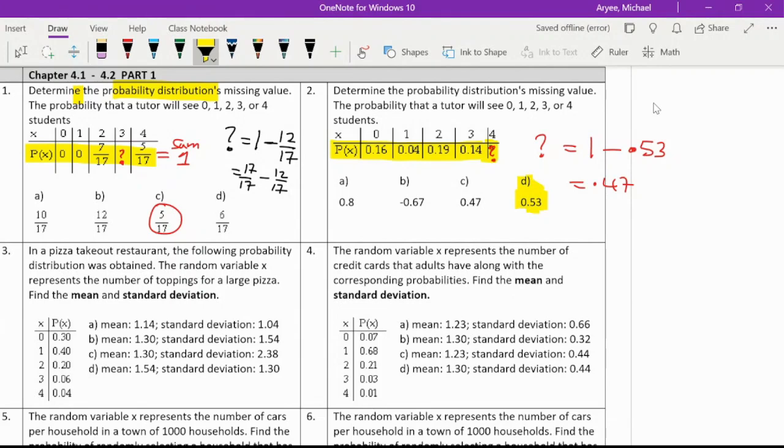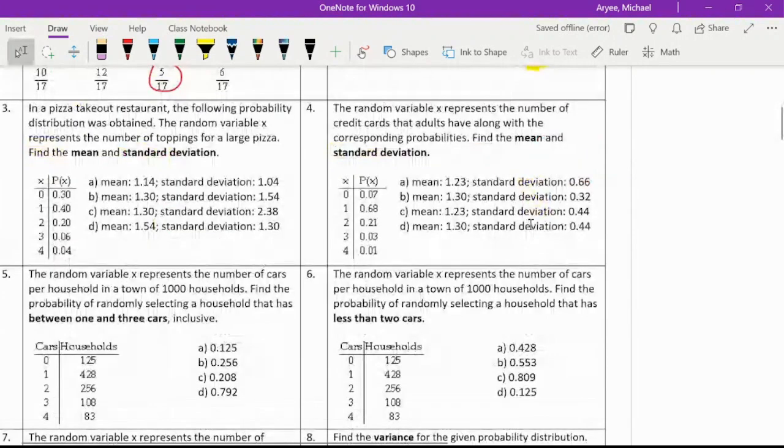Now, other portions of your online assignment might give you a probability distribution. Remember, with a probability distribution, they give you the values of the random variable and their respective probabilities. Then the question will ask, what is the mean? What is the standard deviation?